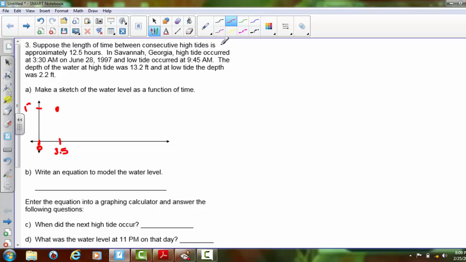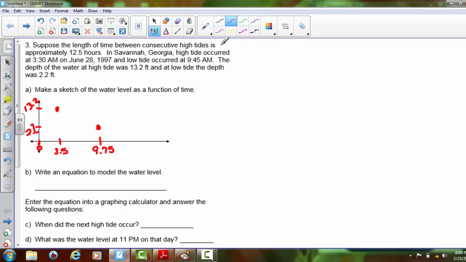Then at 9:45 a.m., that would be represented on my timeline as 9.75, because 9:45 is 9 3/4 hours. So at 9.75, I would be at 2.2 feet. So we'd be back down here.